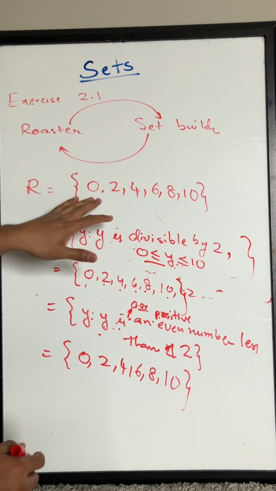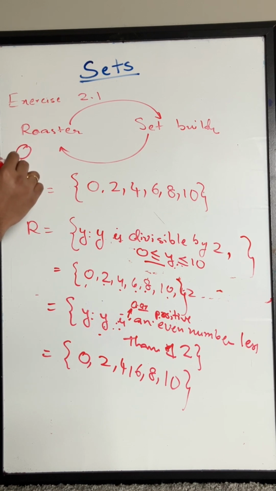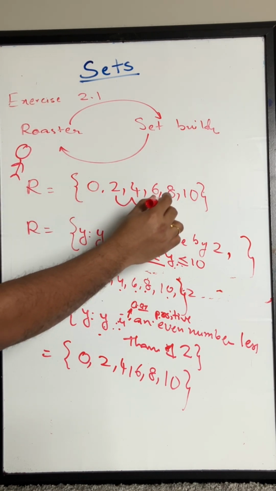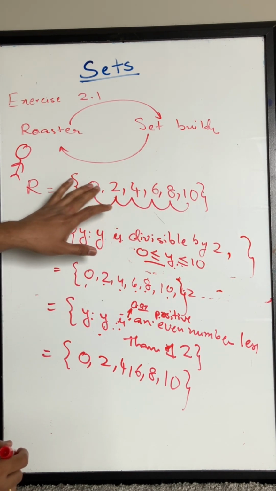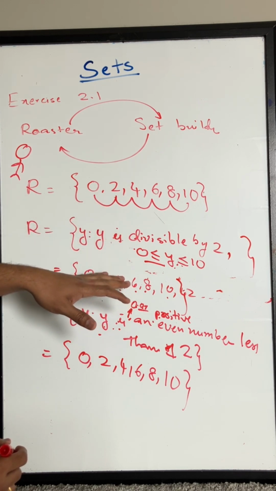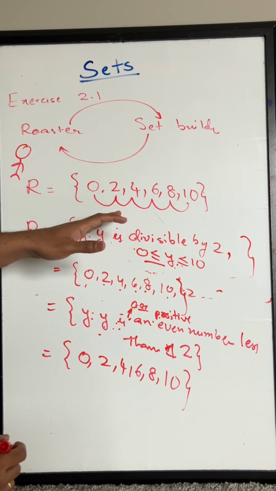If you have any other, all you need is to observe the relationship between these elements, how they are related to each other. So the moment I see this one, this became an even number, so I went with even number. Or y is divisible by 2, that is another thing I observed.